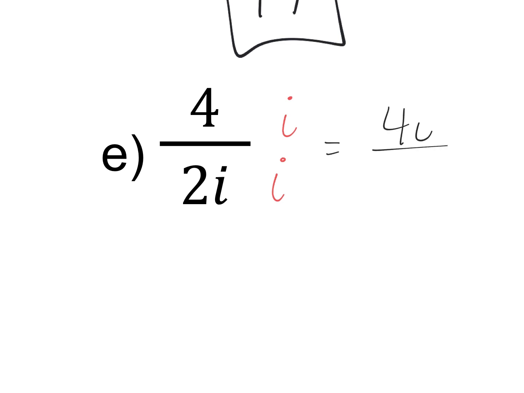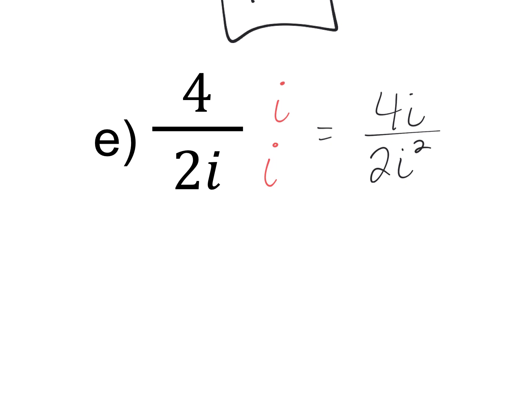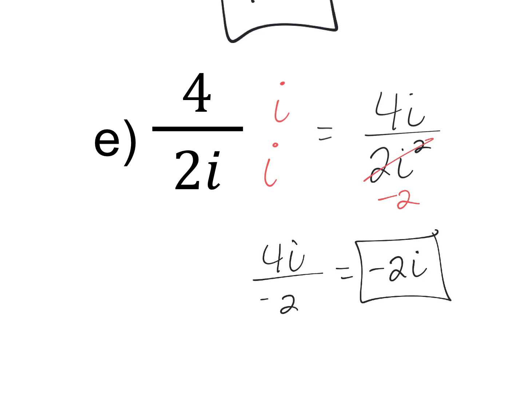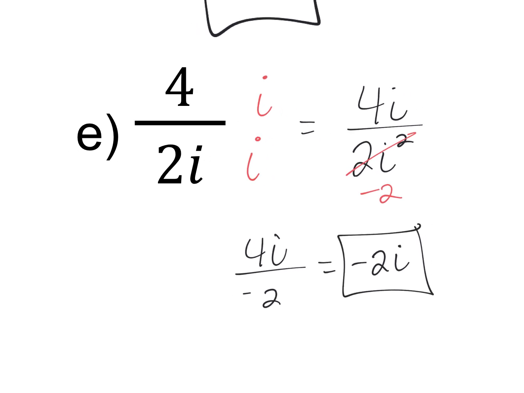You multiply the top, you get 4i, and on the denominator you get 2i squared, which is actually -2, because i squared is -1. So I have 4i over -2. Well, you can simplify that and it ends up being -2i. Kind of fun.